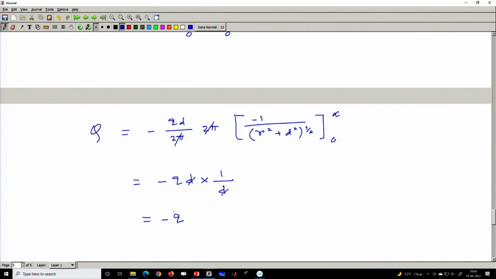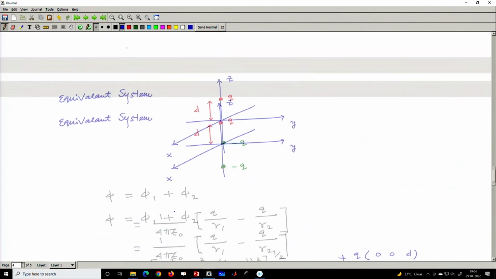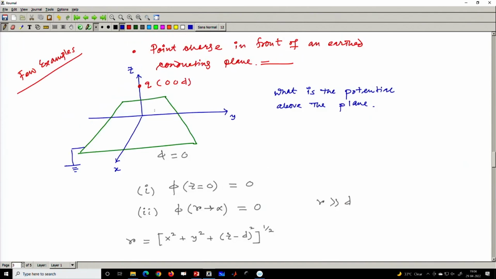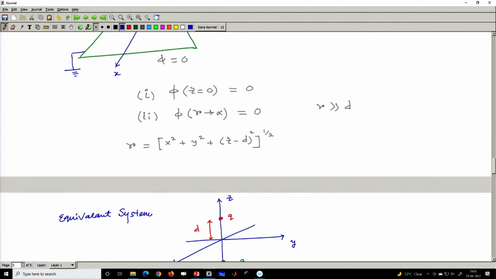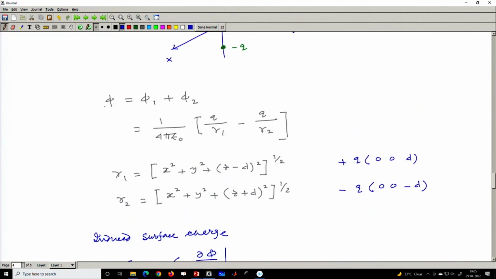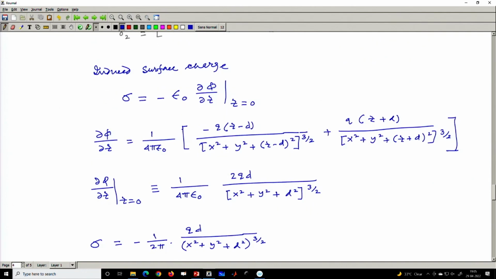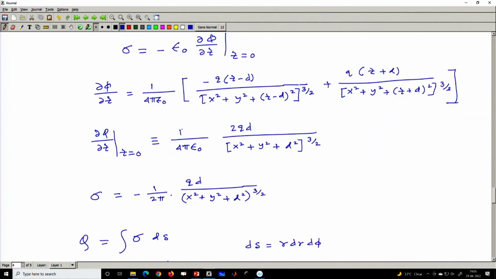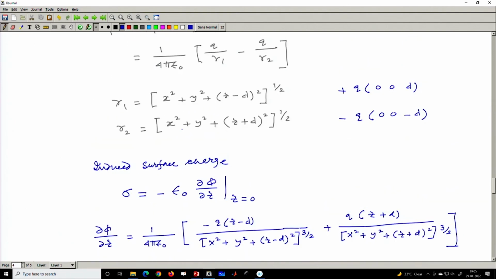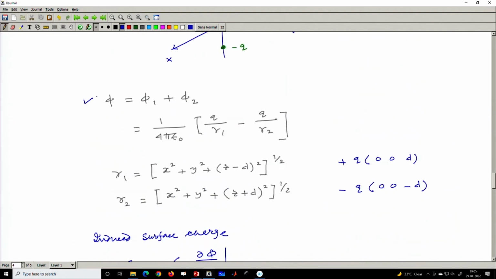That is expected, because the induced charge should be minus q, and that induced surface charge we precisely get by exploiting the potential, the value of phi that we calculated using the superposition principle.